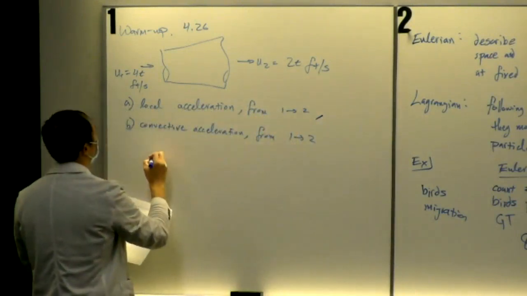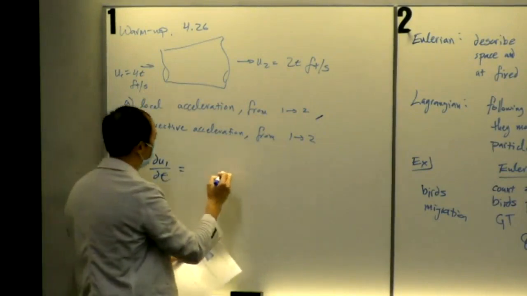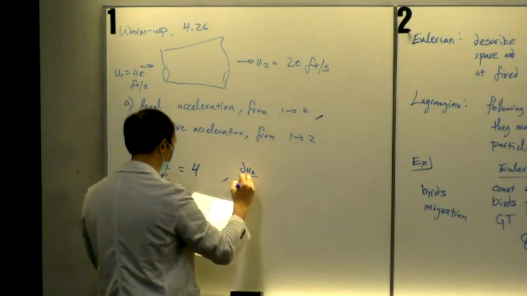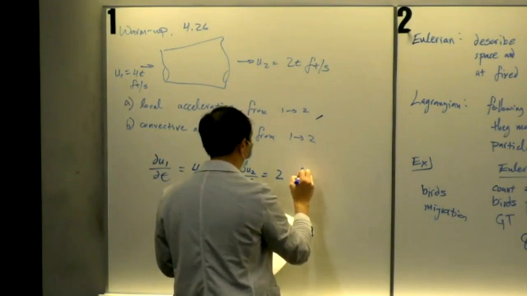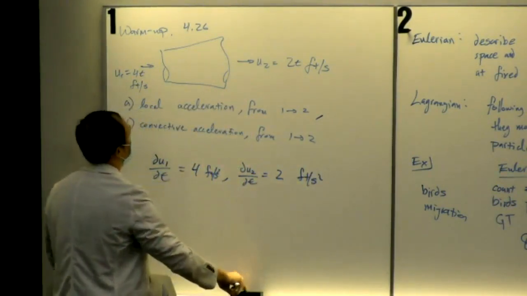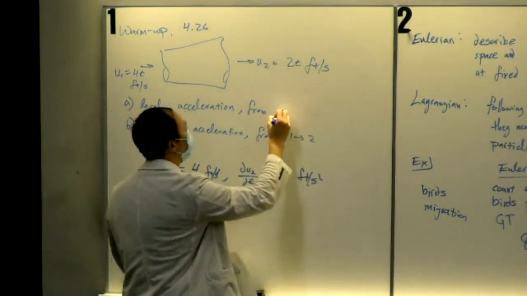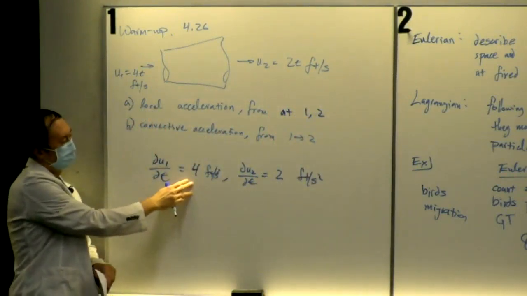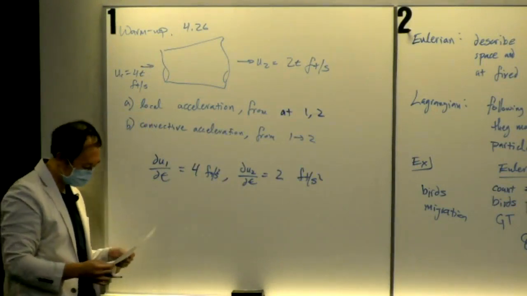Well, du1/dt, basically, if you just take the derivative with respect to time, du1/dt, we're going to do 4. du2/dt is equal to 2 feet per second squared. So I guess I shouldn't call it from 1 to 2, but at points 1 and 2. So basically, it's accelerating more in the beginning than in the end, just because of those time-dependent parts.